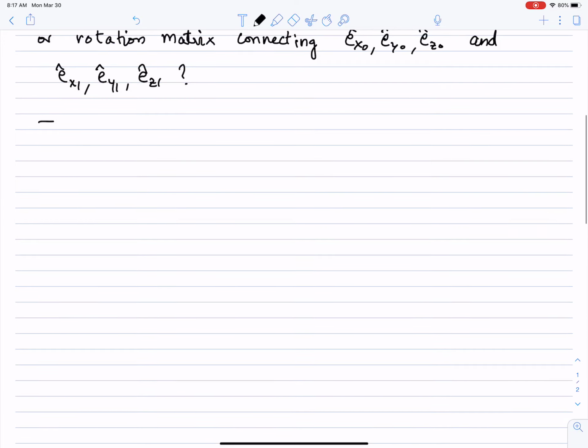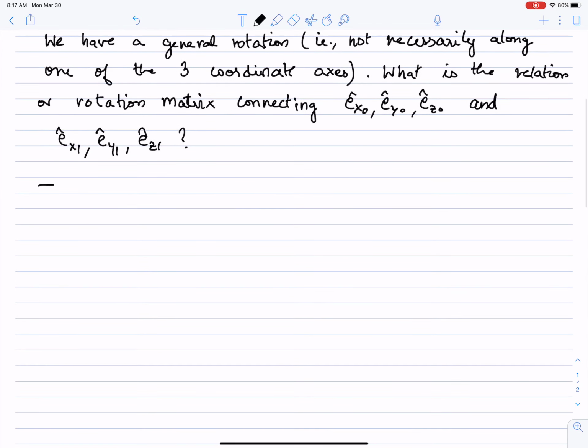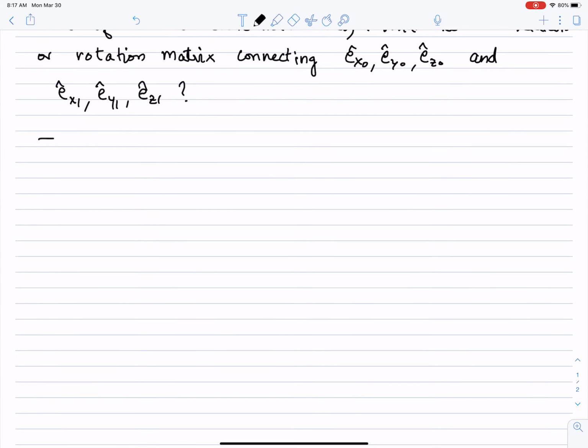So to derive this relationship, or to understand what this relationship looks like, just think about the following thing. Say we have some vector v. It could be a unit vector or it could be a non-unit vector.